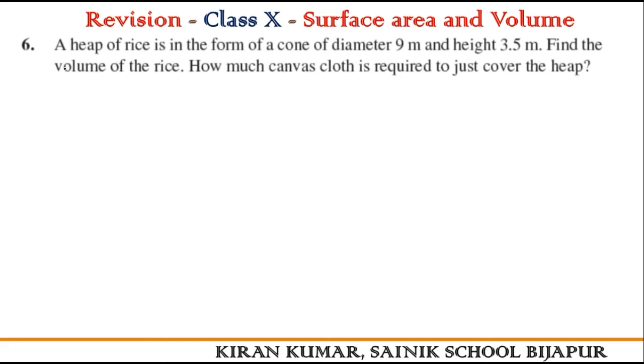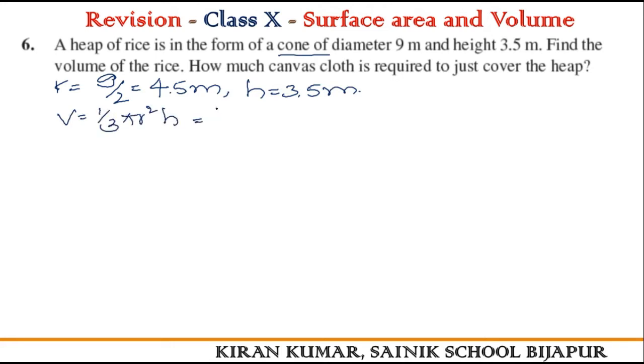Here, the heap is in the form of a cone and they have given the diameter, hence I can find the radius. It is 9 by 2, which is 4.5 meter, and the height is given as 3.5 meters. So the volume is 1 by 3 pi r square h, which will be 1 by 3 into 22 upon 7 into 4.5 into 4.5 into 3.5.